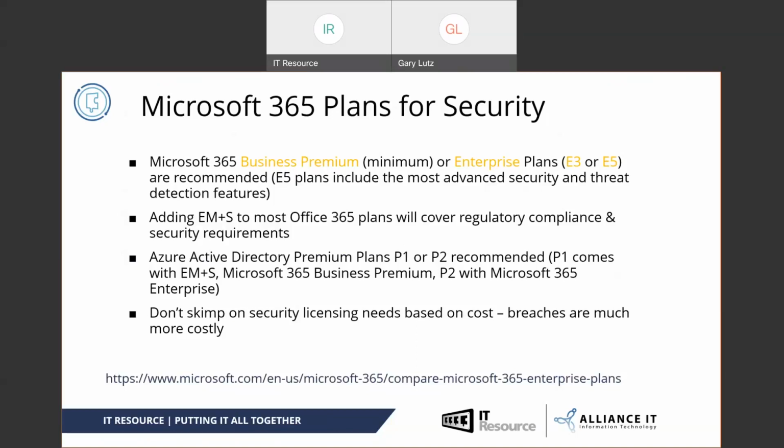So you can do it in that combination as well. A lot of these features require either P1 or P2 of the Azure Active Directory Premium. So again, these features and functionality are there because of these plans. That's why Microsoft 365 Business Premium and Enterprise kind of lump it all in, right. So you get it, okay?